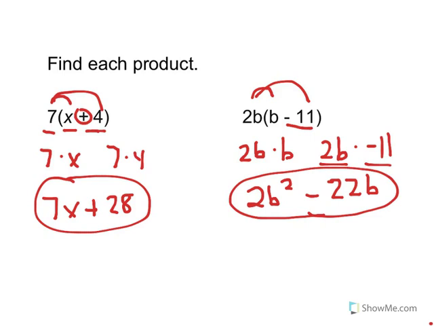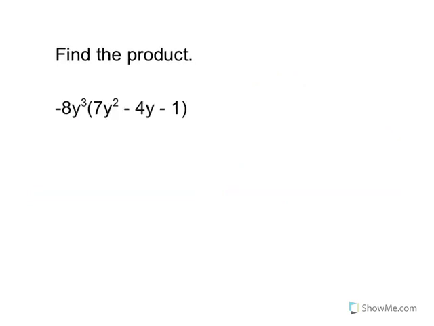Let's look at another example. This time we're going to take a single term times something called a trinomial that has 3 terms. Well, again, we're going to do the same thing. We're going to take negative 8y cubed times 7y squared. We're going to take negative 8y cubed times negative 4y, and we're going to take negative 8y cubed times negative 1. So again, positive 7y squared, negative 4y, and a negative 1. Now, this will probably be the last time I'm going to write them each time, and you don't have to do this.